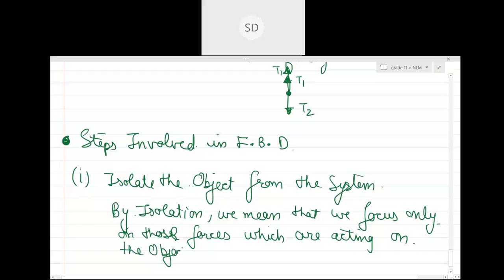So when we are isolating, that implies we have to focus only on that object, or basically the forces which are acting on that object.